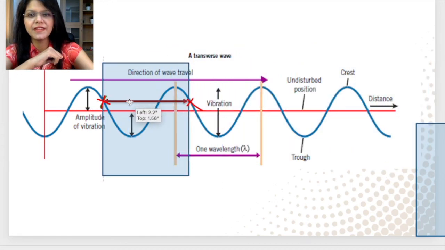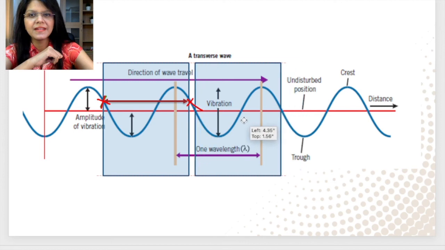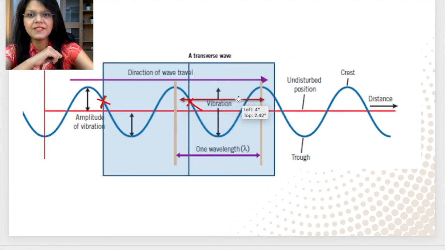That's one set of wave, another set of wave, right? I hope you are understanding what I am trying to say. All these red crosses that I have put on the waves are similar points of the wave, and the distance between them is the same.